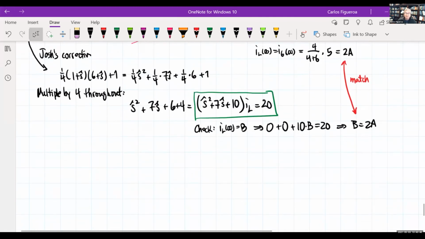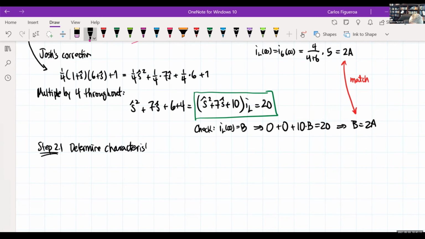So let's go calculate the characteristic roots of this guy now. I start step 2.1, and 2.1 says I need to determine characteristic roots.